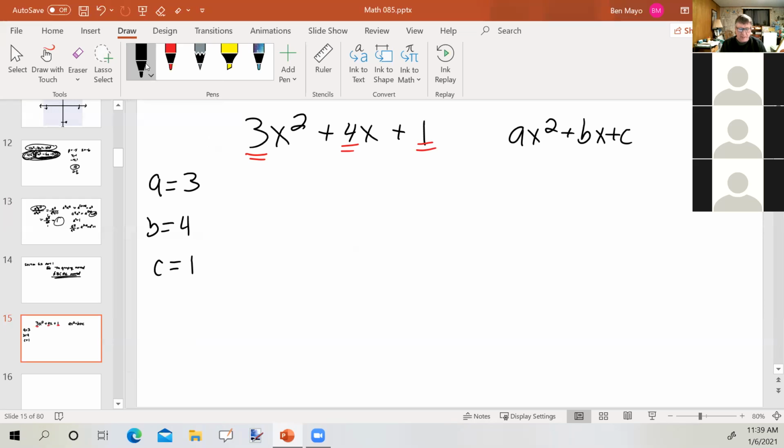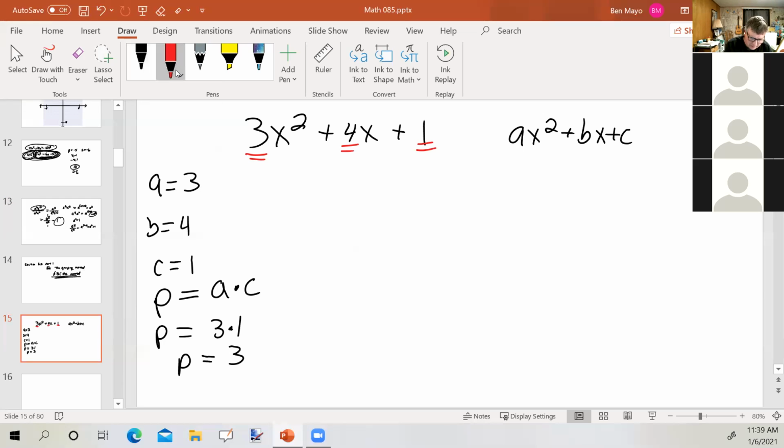All right. The next thing I'm going to do is form the product of a times c. So in this case, the product would equal 3. Okay. So I'm going to take a times c to form my product. The sum is going to be equal to b.